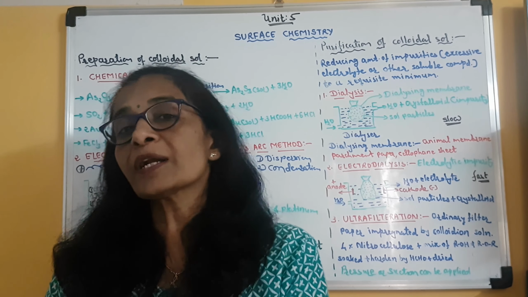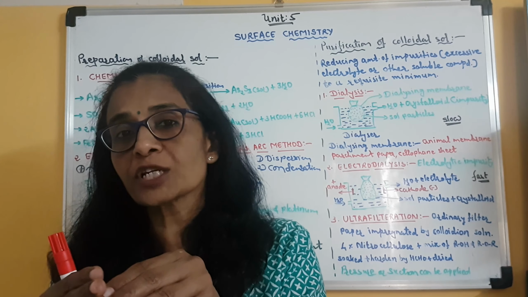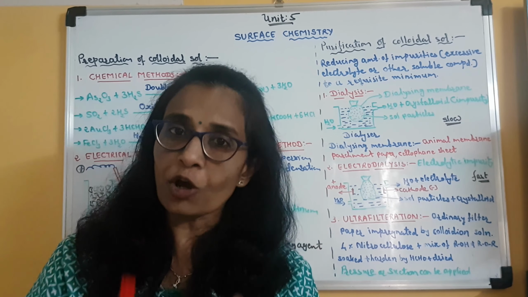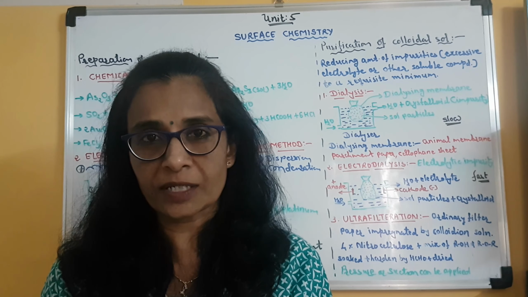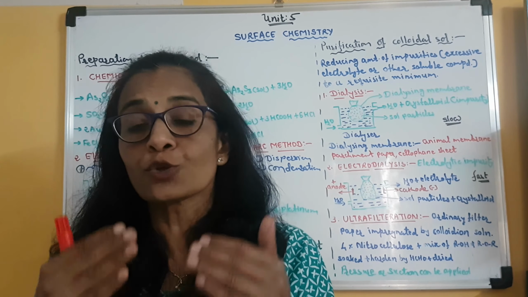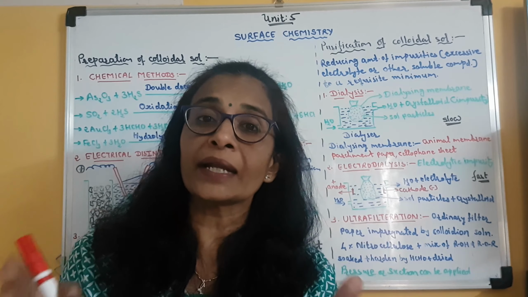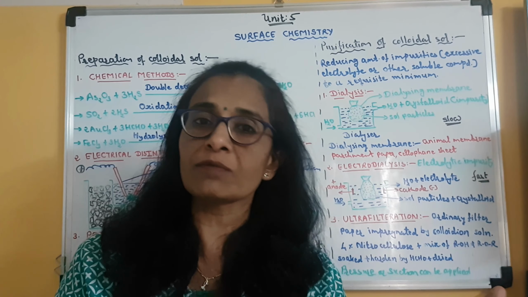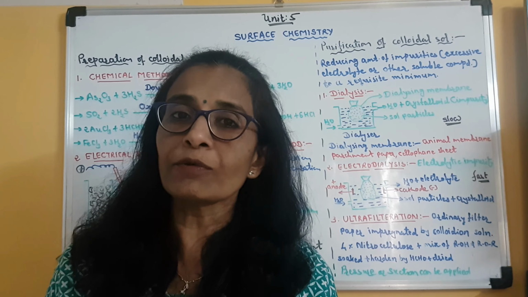But if a small quantity of suitable electrolyte, the peptizing agent, is added to the freshly prepared precipitate, then the positive or negative ion of this electrolyte will get absorbed on the surface of the precipitate. So now the precipitate particles become electrically charged, and that charge will be identical. Either all precipitate particles will be positively charged or they will be negatively charged.